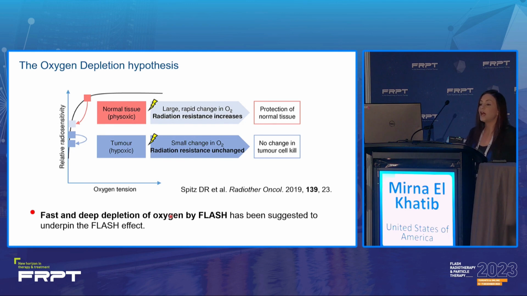There have been several hypotheses trying to explain the flash effect. Amongst them, the most prominent and testable one was the oxygen depletion hypothesis, which essentially suggests that at ultra-high dose rates, there is fast and profound depletion of oxygen, therefore protection of normal tissue, unlike conventional rates where the fast resupply of the oxygen from the blood does not result in this deep depletion of oxygen.